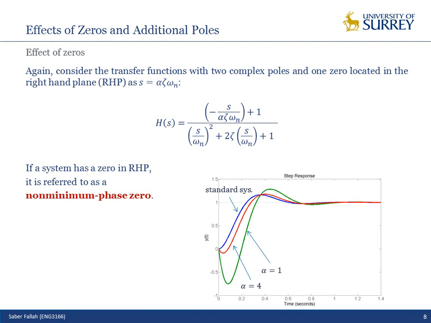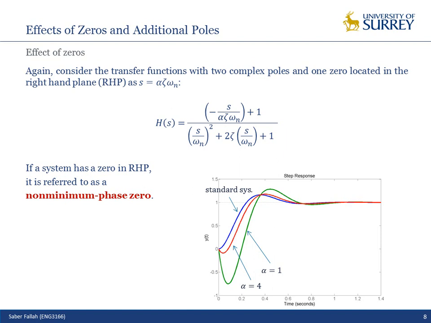Okay? We saw from the response, if we have a zero or pole far away from the complex conjugate roots of the system, this additional pole or zero won't affect the response of the system. But if they are close, an additional pole or zero close to the complex conjugate poles, for sure they will affect the system. But we say far away from the complex conjugate poles. How far?